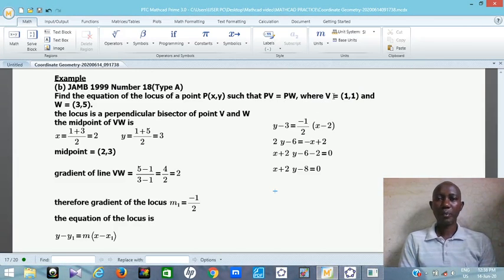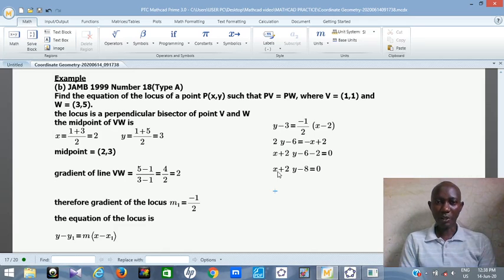You can see, PV is this point, W is this point. Because from the explanation of the question we said that the locus is a perpendicular bisector, we need to get the equation of the perpendicular bisector. That is the only equation that can pass through the middle of V and W that will have this condition of PV equals PW. So let me type this equation.